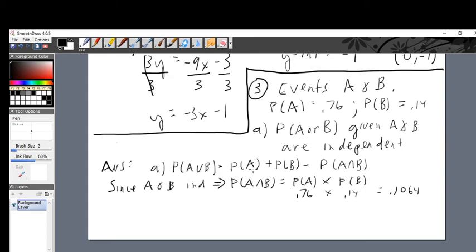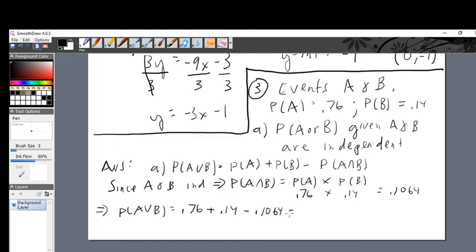The probability of A or B is equal to probability of A plus probability of B minus probability of A and B. So therefore, the probability of A or B is equal to the probability of A, which I know is 0.76, plus the probability of B, which I know is 0.14, minus the probability of A and B, which we just figured out, is 0.1064.